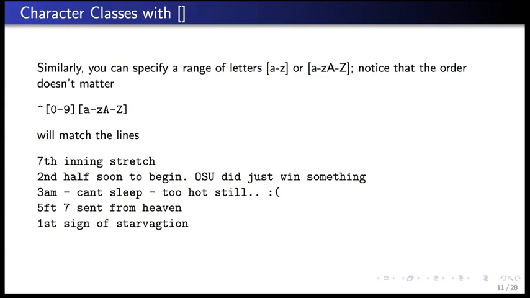Now if I combine the caret with the class 0-9, meaning any digit between 0 and 9, followed by any letter between a to z, uppercase or lowercase, this regular expression says I want a line of text that starts with a number and is followed by a letter. Here are a couple of lines of text that match this expression, and you can see that every line starts with a single number and is then followed by a letter. That's what the expression is asking for.